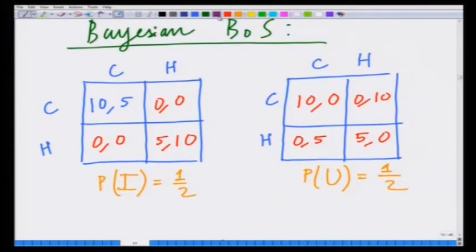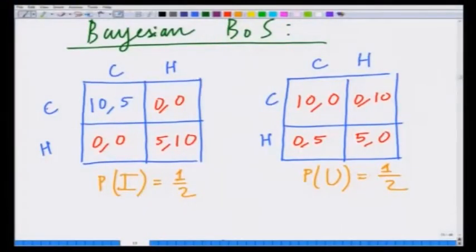From the game table, we can see that if the girl is of type I, again we use the standard technique to figure out the best response, because there is only one type of boy. If the boy is choosing C, then the best response of the girl is to choose C. If the boy is choosing H, then the best response of the girl is to choose H, because H gives her a payoff of 10 while C gives her a payoff of 0.